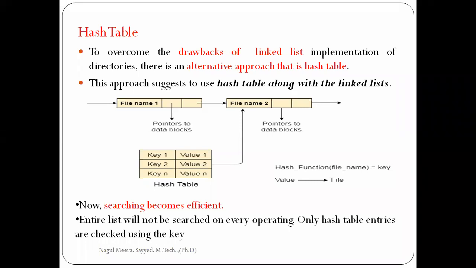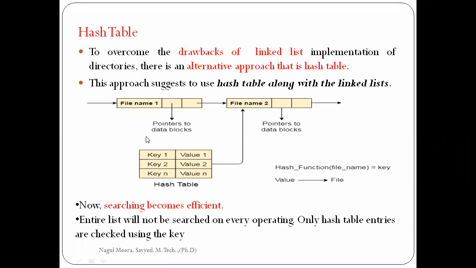Compare those two, without index and with index in our textbook. Which one is convenient? Which one is fast? A textbook with an index is very convenient. A textbook without an index is very difficult. So without index is the linked list, and the textbook with index is the example of our hash table.